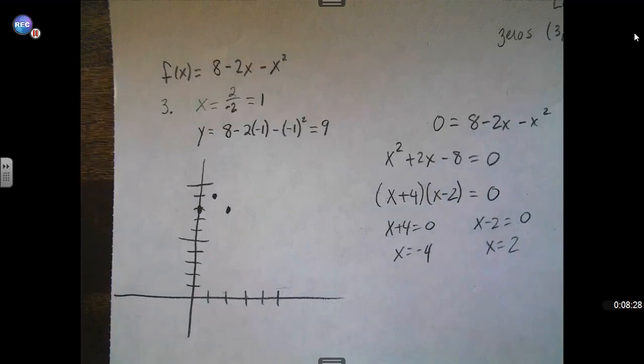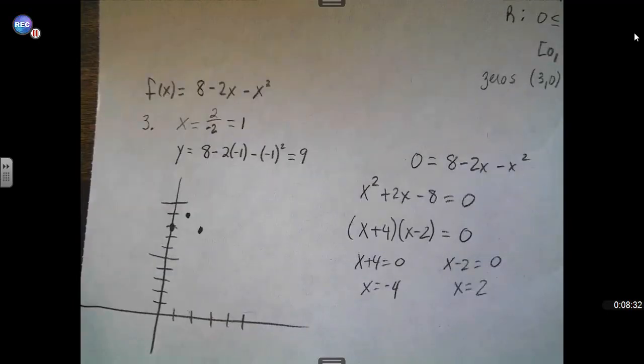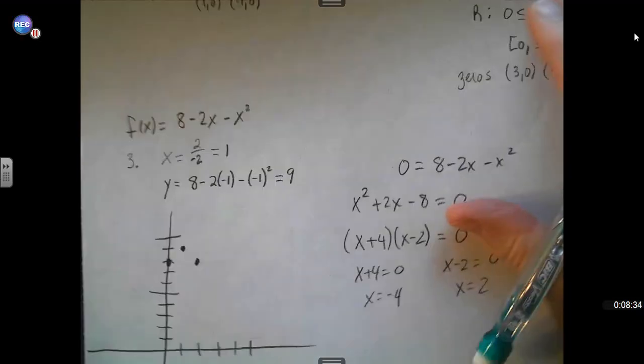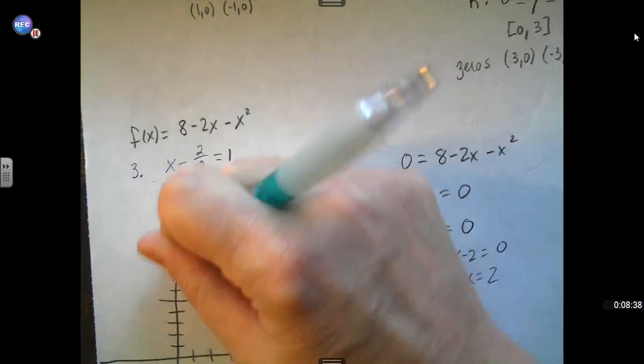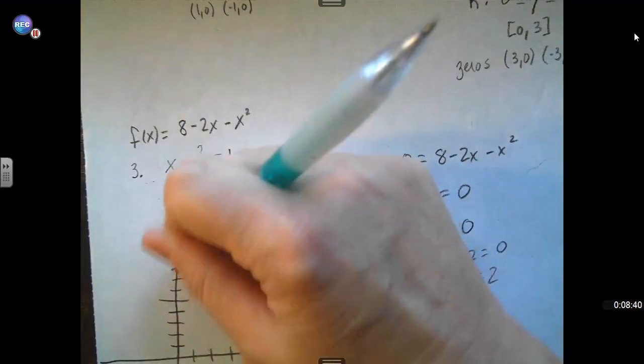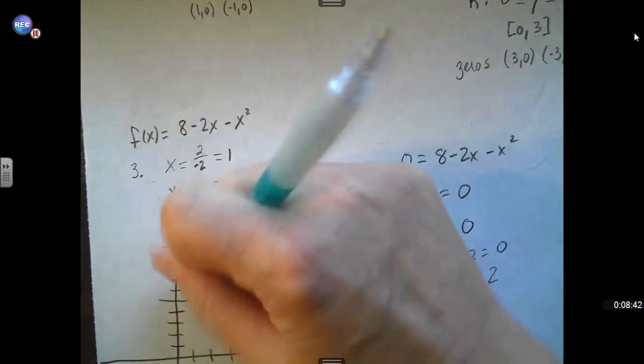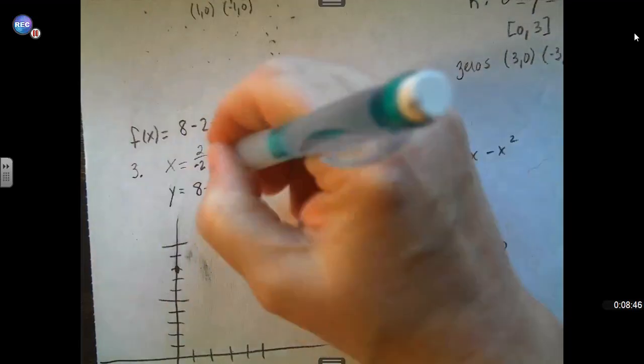Well, I see my mistake. I don't know if you guys do. I do. My vertex should be over here at -1.